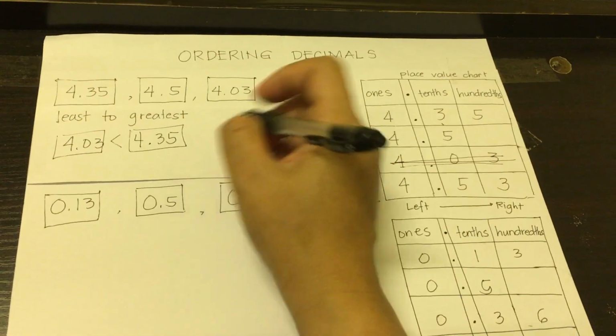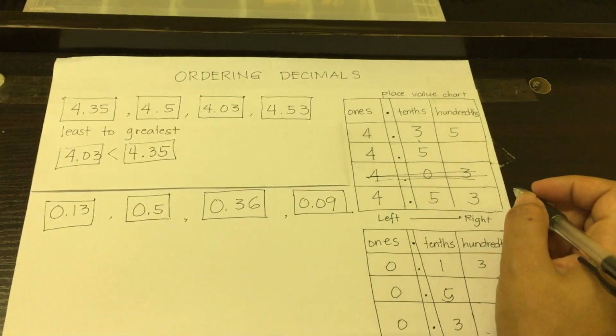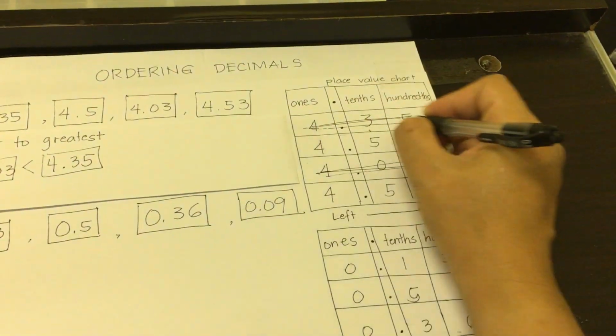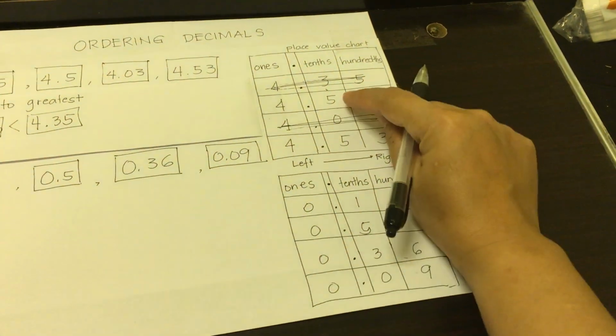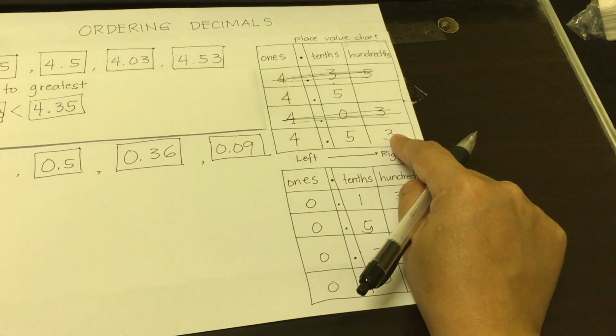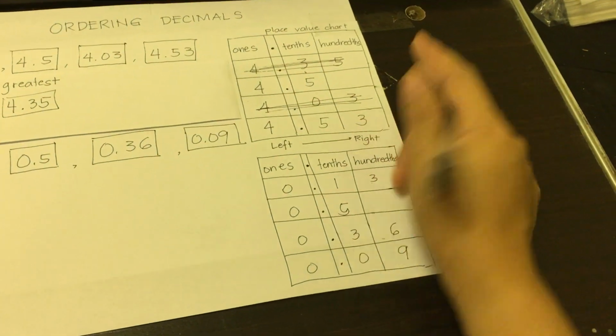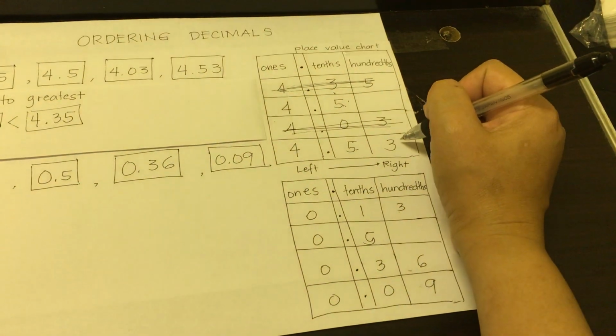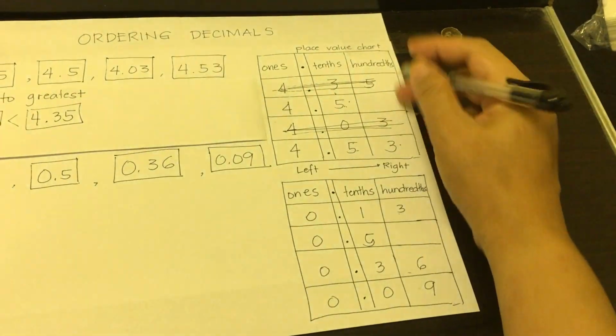Okay, now let us see which is the next number. 4 and 35 hundredths, let's slash it so that we are not going to use it again. So 4 and 5 tenths and 4 and 53 hundredths are the numbers left. Now, since they are the same, we go to the next place value, which is the hundredths.